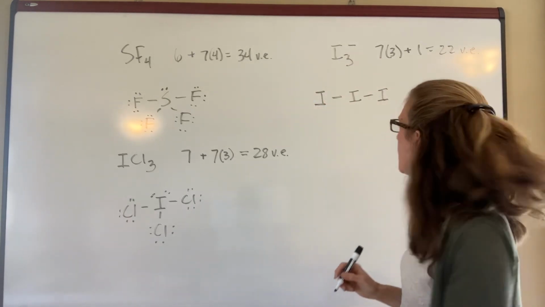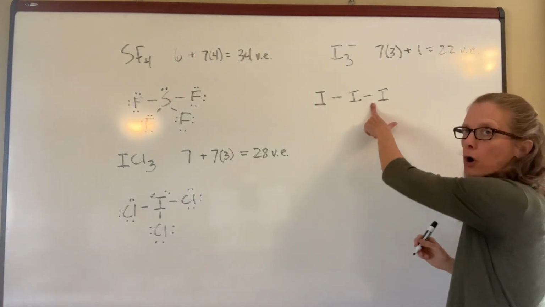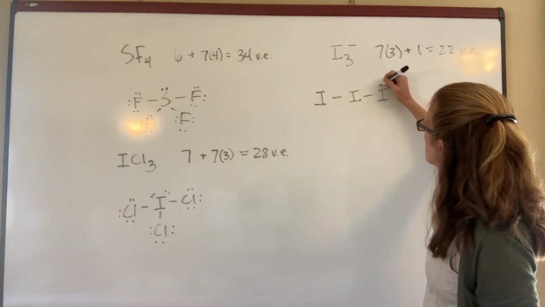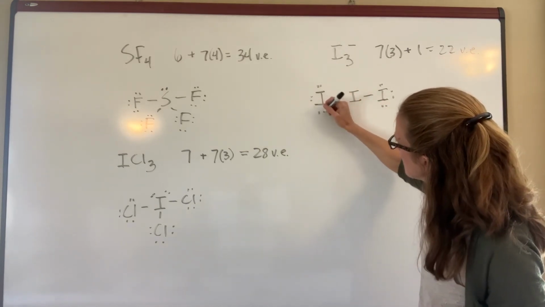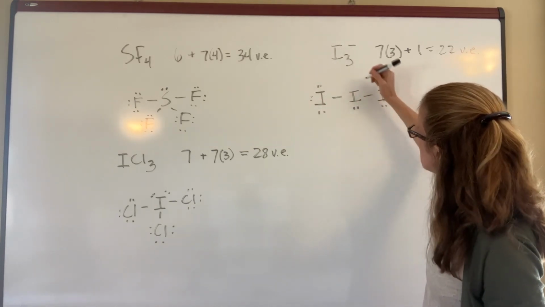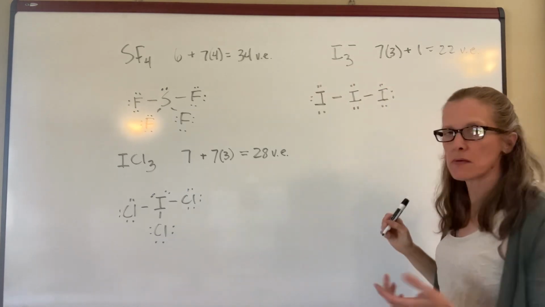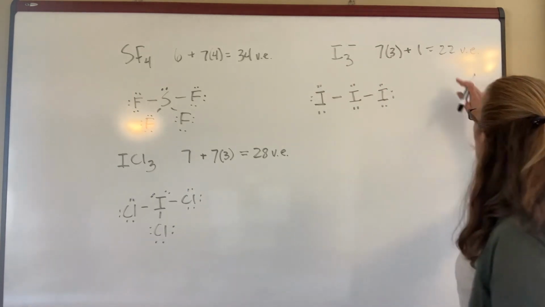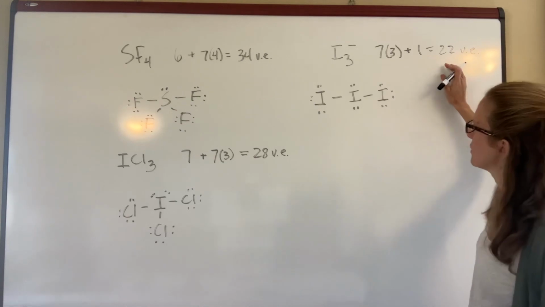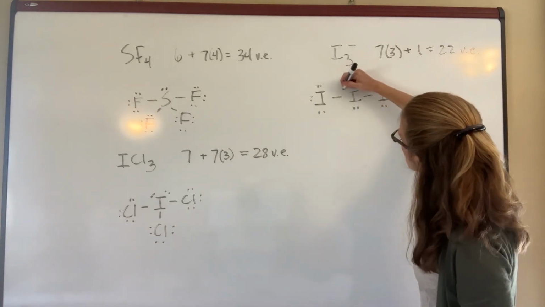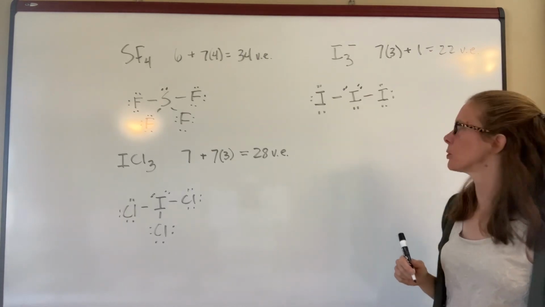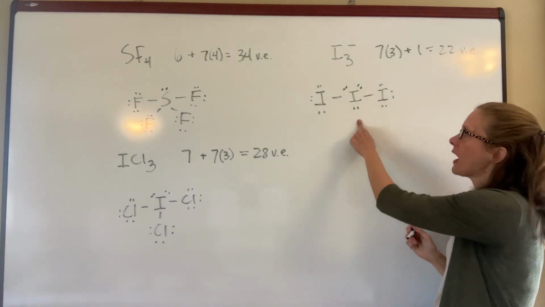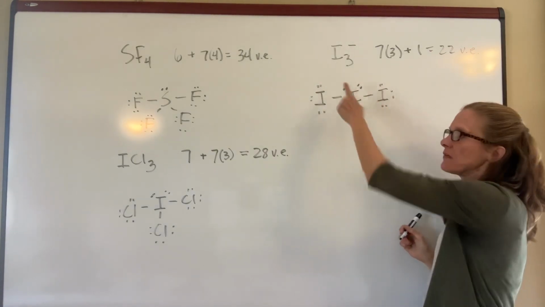So I've used 2, 4, and I'm going to start adding lone pairs: 6, 8, 10, 12, 14, 16, 18, 20. Everything now has an octet, but I need 22 valence electrons. So I'm going to scoop this pair over, and put another pair up there to get my 22. Again, the central iodine has 1, 2, 3, 4, 5 items around it.